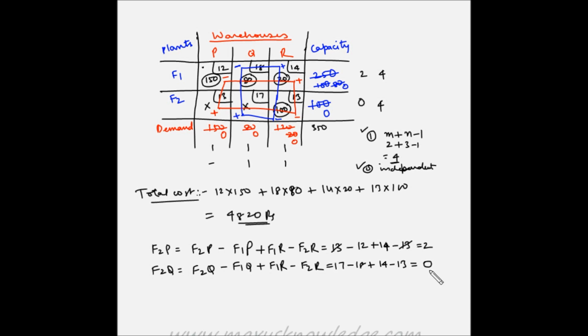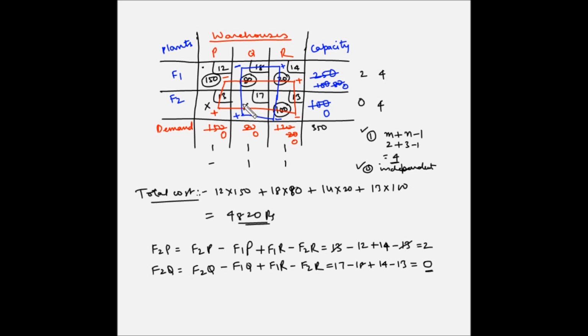This net cost change value of 0 indicates that if allocations are made to this square, then the solution will continue to have the same total cost which was obtained earlier, which means that there is an alternate optimal solution. So let's now obtain the alternate optimal solution by moving the allocations to this water square, which is F2Q.